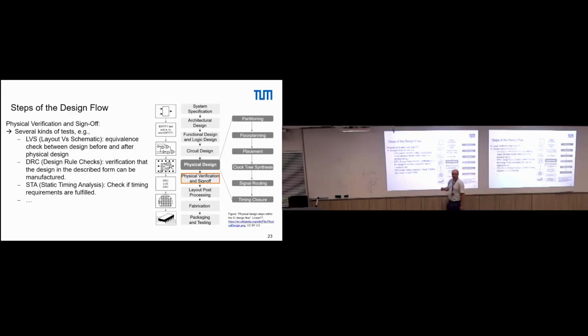Such problems are usually visible via these DRC checks, design rule checks. These design rule checks look: are all the spaces okay? Is everything as defined for the fabrication process so that the layout you have drawn is actually manufacturable? And then it gives you feedback. But the fixing of the DRCs is usually manual work.